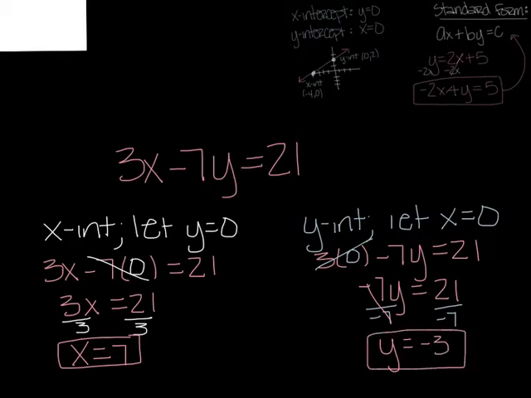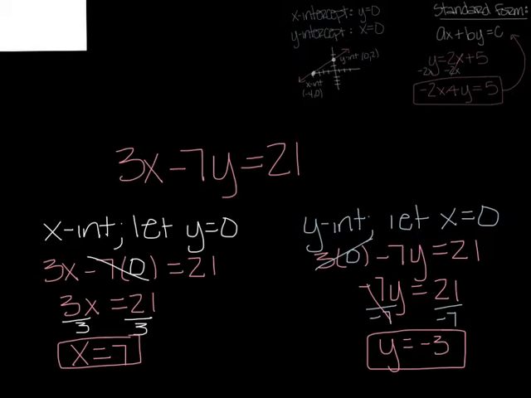Now, x equals 7 is the x-intercept, where y equals 0. Y equals negative 3 is the y-intercept, where x equals 0. But, as you can see just from me stating that, it's easy to get them confused as to which is which. So we would rather write our information as an ordered pair.